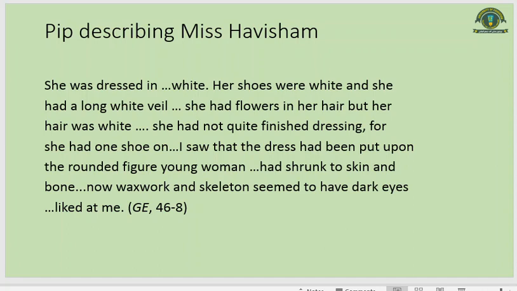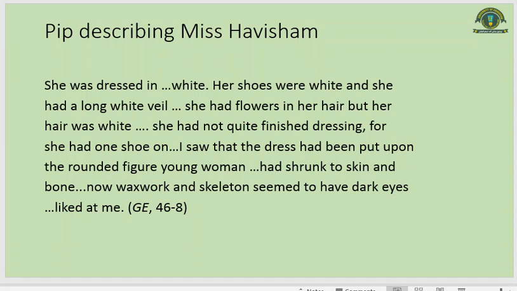But the bride is so worn out. At one place he is presenting an imagery of a bride who is getting ready for her marriage. But straightaway we see that she had not quite finished dressing, meaning she is still dressing herself, as she has not put on her shoes quite well.